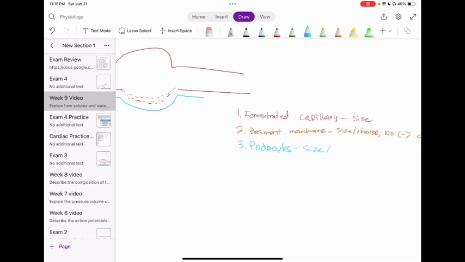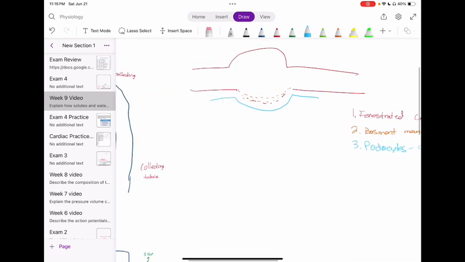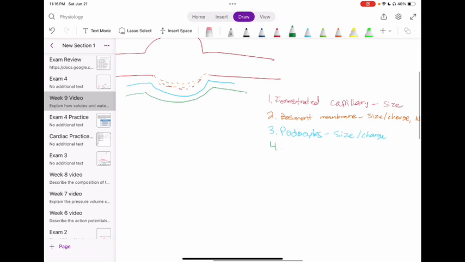That also filters by size and charge. And lastly, we have the mesangial cells, which are smooth muscle.